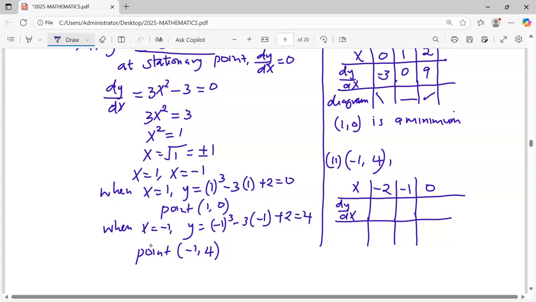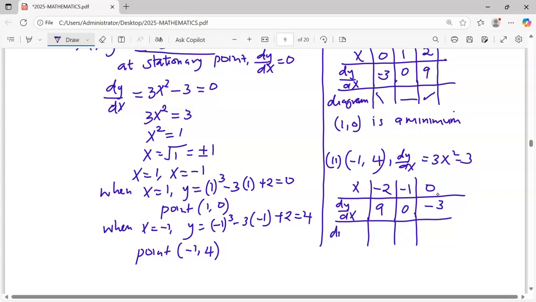dy over dx is equal to 3x squared minus 3. When the value of x is negative 2, you square negative 2, you multiply by 3, minus 3, you get positive 9. At stationary point, the dy over dx is 0. And when x is 0, we square 0, multiply by 3, we minus 3, we are going to have dy over dx being equal to negative 3.